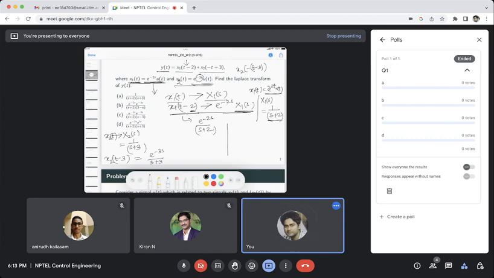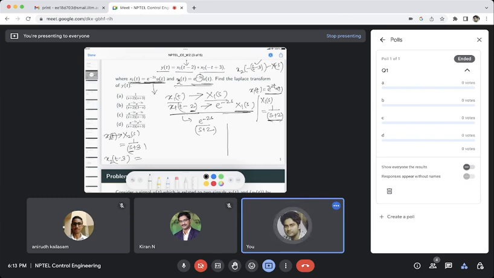Sorry, I made one mistake. You have to use the time scaling property, that is, if you replace t by minus t, then the Laplace transform will be X(minus s). This is the Laplace transform of this function. So if you have used t minus 3, it will be s plus 3, so instead of s you substitute minus s there.